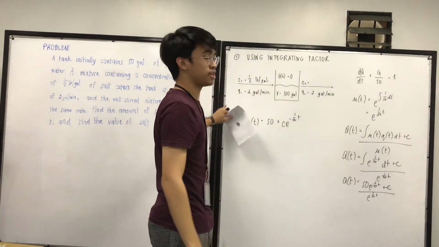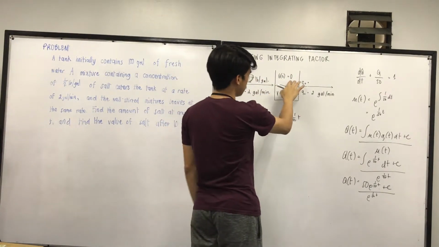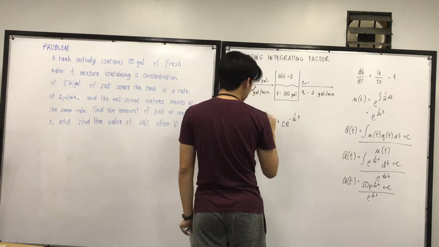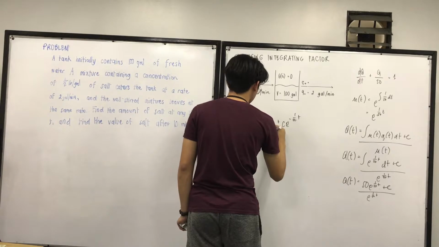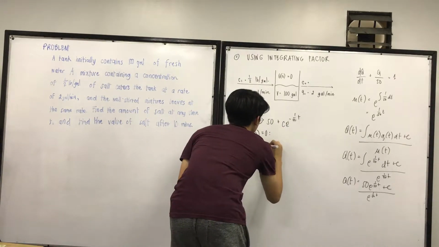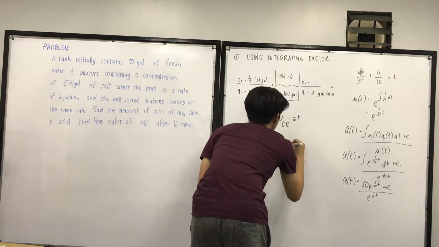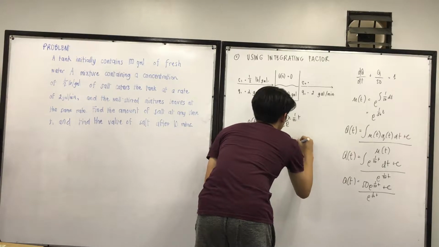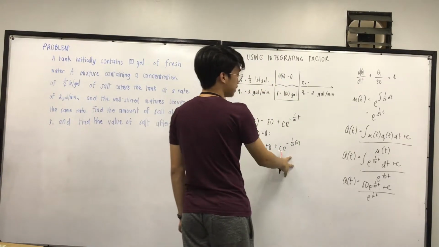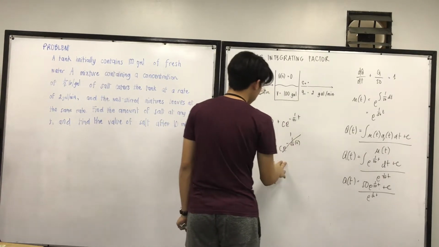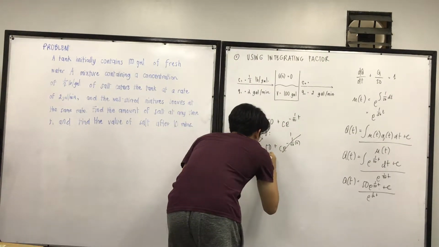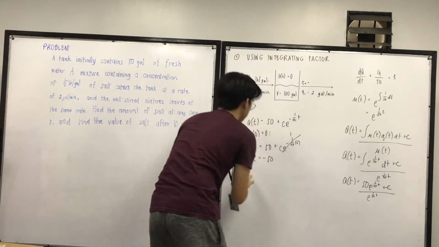Since we are given an initial condition of q sub 0 is equal to 0, we'll just substitute each value. So 0 is equal to 50 plus c e raised to 1 over 50 multiplied to 0. We all know that any number raised to 0 is just equal to 1, so we'll just cancel this out. So the value of c will be equal to negative 50.